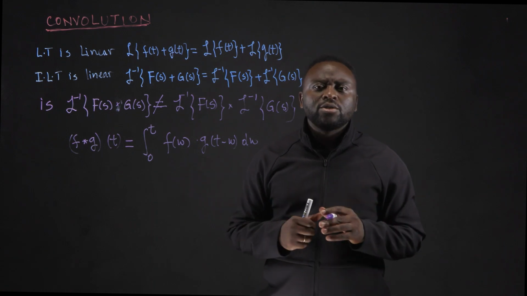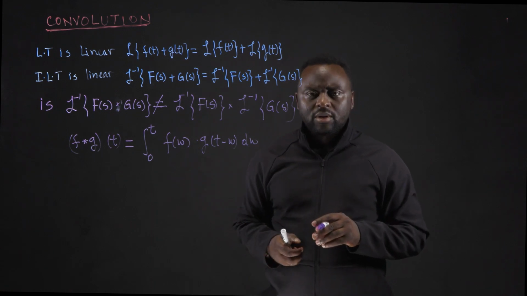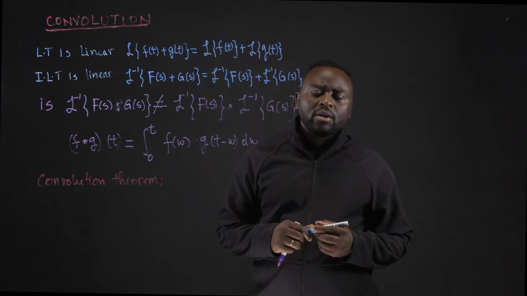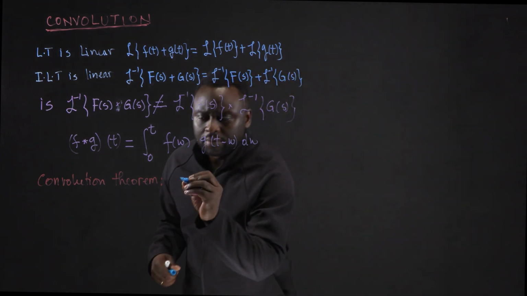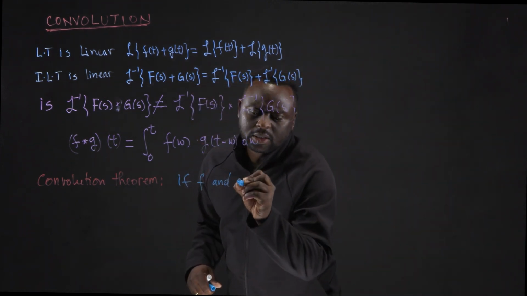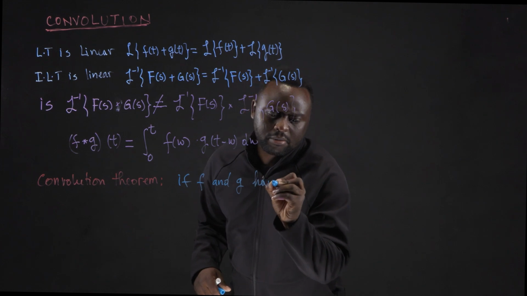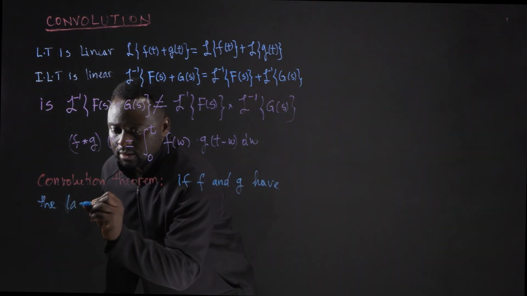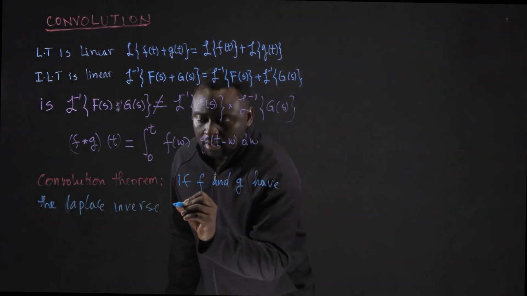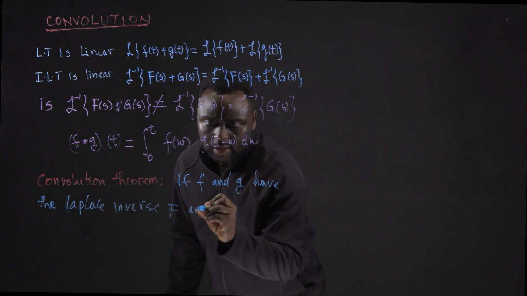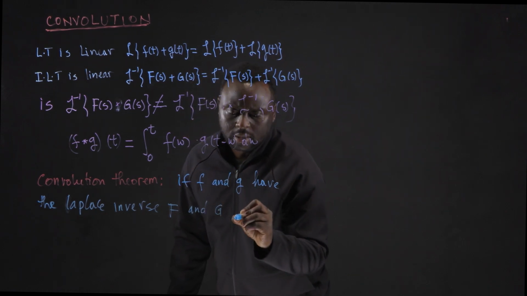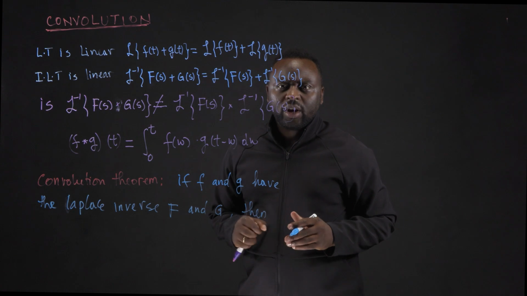Now let's introduce this theorem. It's called the convolution theorem. If the functions f and g are the Laplace inverses of F and G respectively, then we have the following.